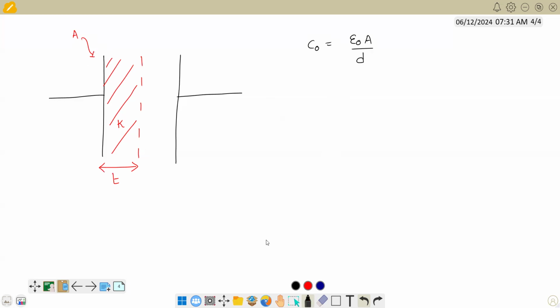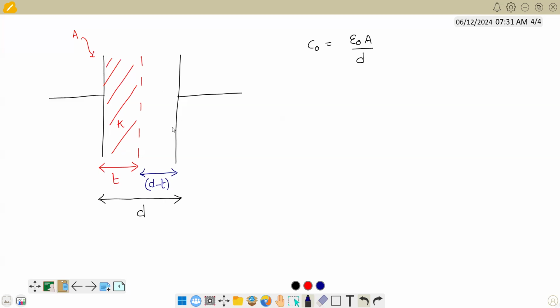Now I have placed this dielectric. I can divide this entire capacitor into two parts. One is thickness t, and the total gap between the plates is d, so the other part would become d minus t.